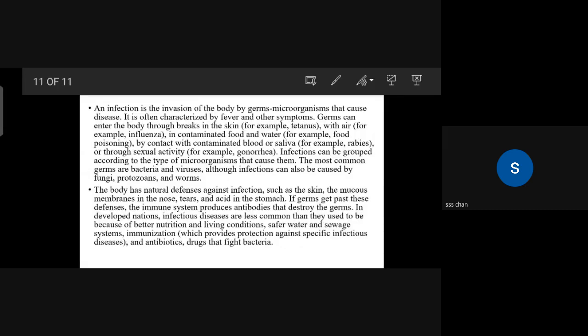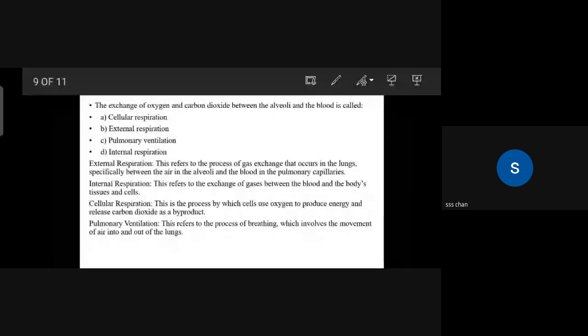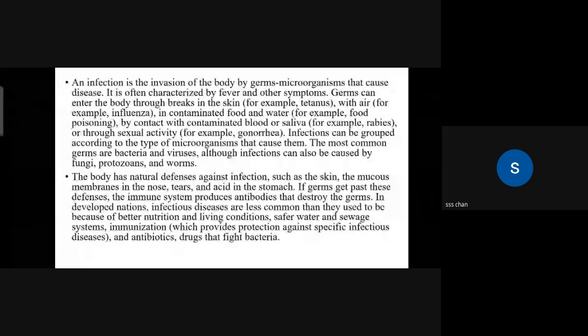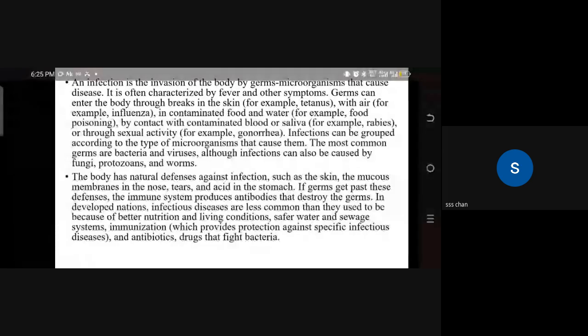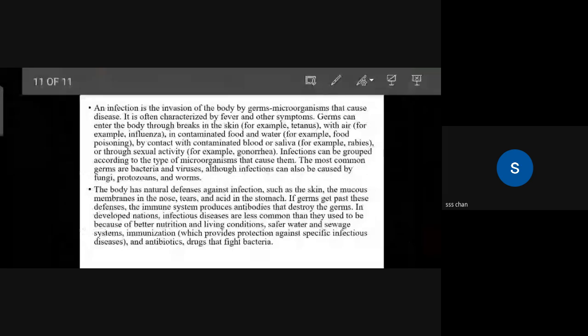So quickly, we are going to talk about health issues. Before then, let me open the previous notes. We're going to finish up the previous note.